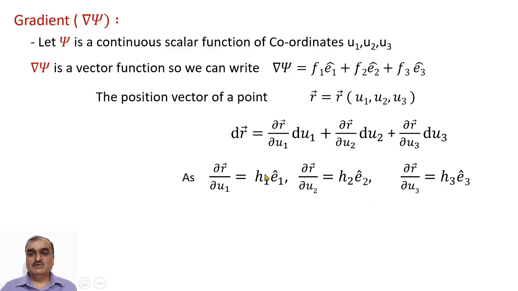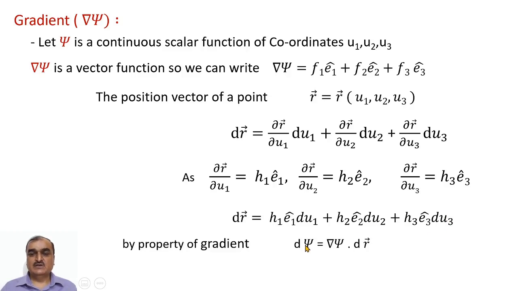Substitute this: del r bar by del u1 is equal to h1 e1 cap, del r bar by del u2 is equal to h2 e2 cap, del r bar by del u3 is equal to h3 e3 cap. Then we get dr bar is equal to h1 e1 cap du1 plus h2 e2 cap du2 plus h3 e3 cap du3. By the property of gradient, a small change in the scalar function psi is the dot product of two vectors.